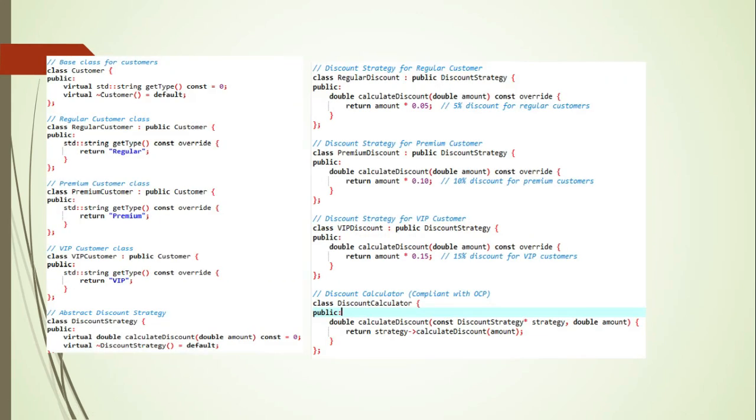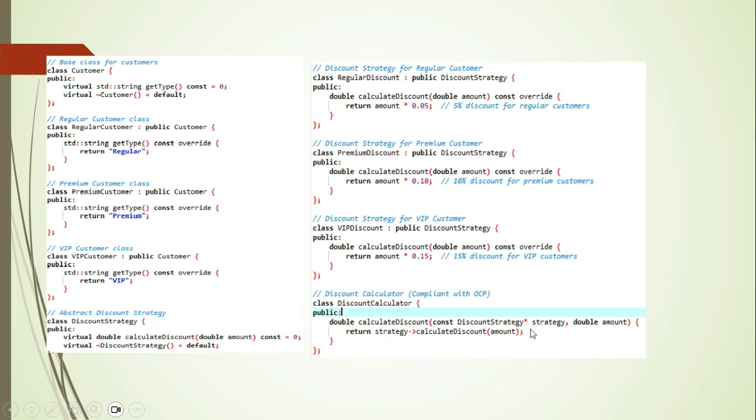If you don't understand, I can further explain it if we break down the code. So we have the constant discount strategy pointer, strategy.